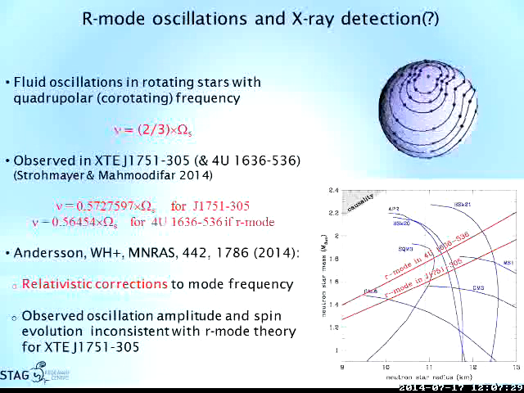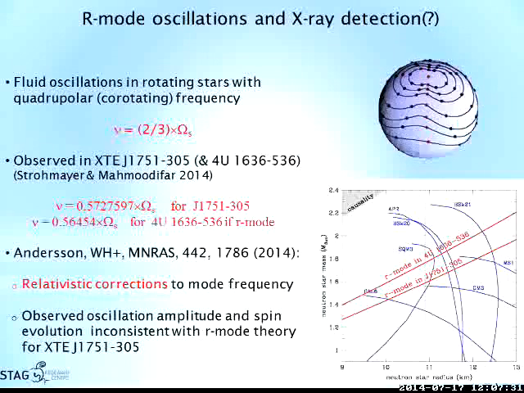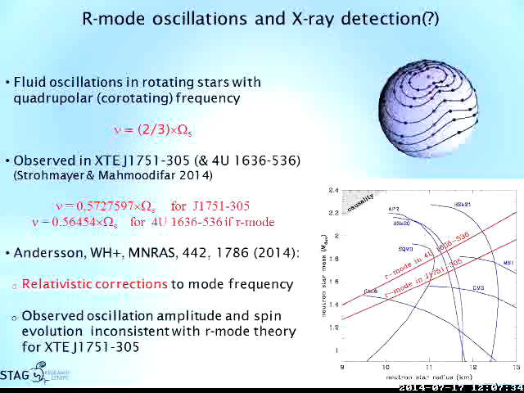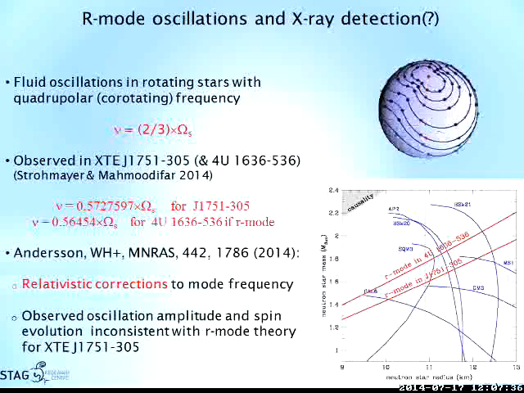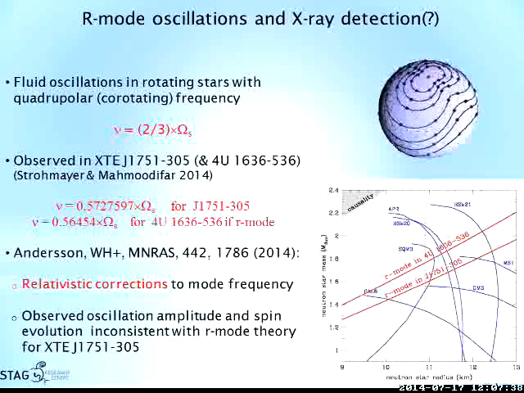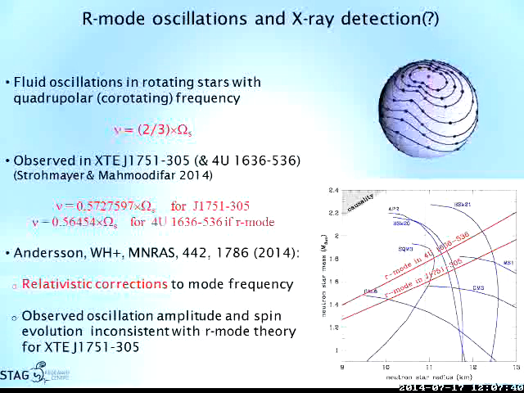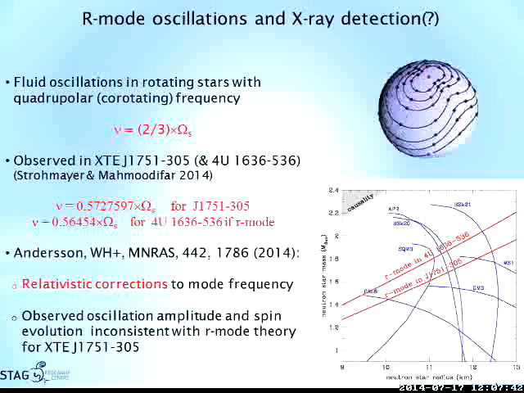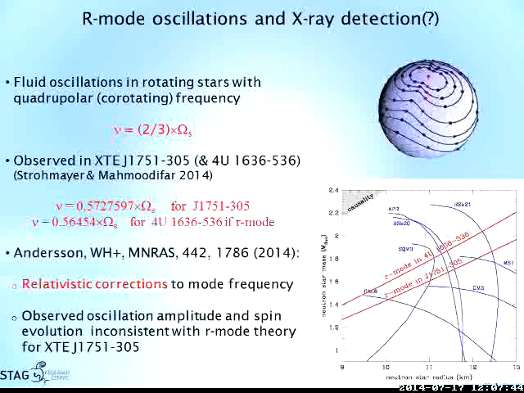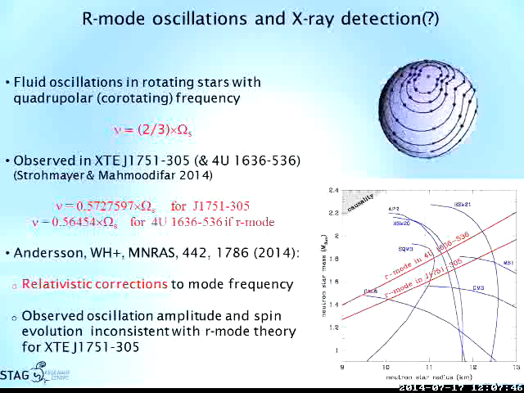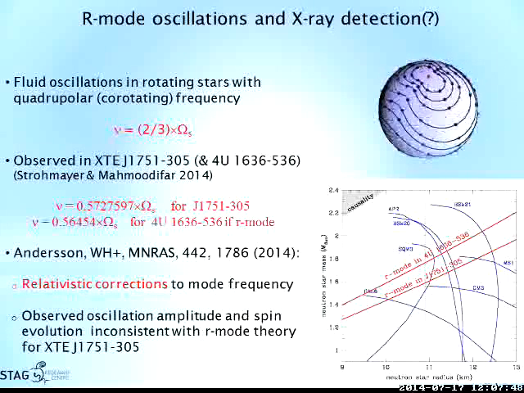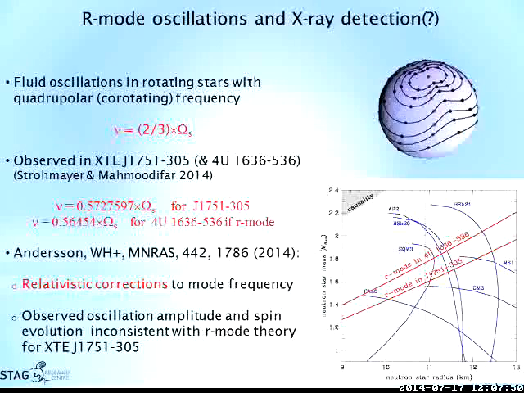But the issue is that these have to be R modes for you to do this. And as we point out in the paper, for other reasons, it doesn't seem like these are R modes.